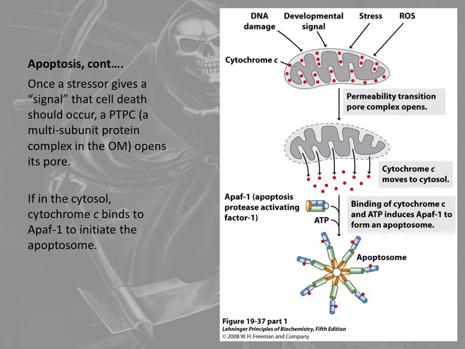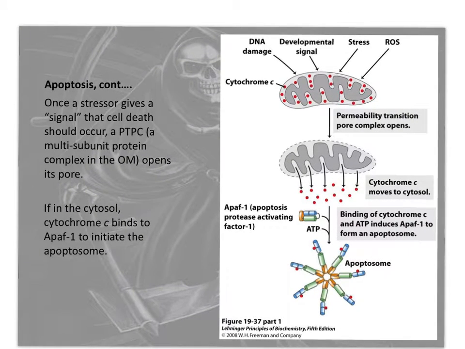All right, so I've broken this down. So let's say there is some type of stressor showing this cell is in trouble, in particular the mitochondria here. It can be things like DNA damage. It can be reactive oxygen species. It can even be other stressors. But there's something wrong.